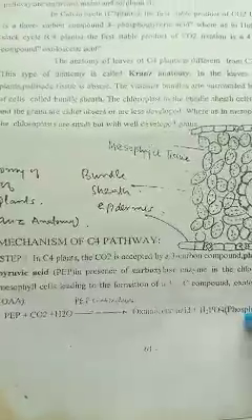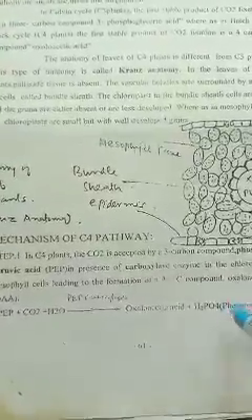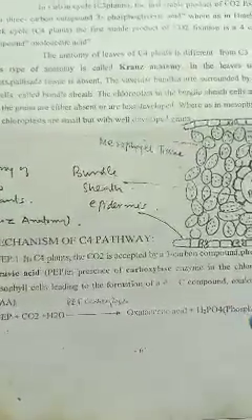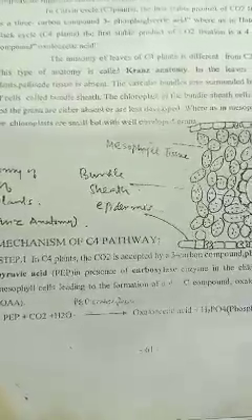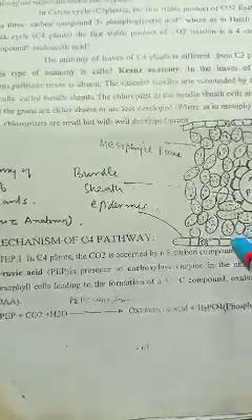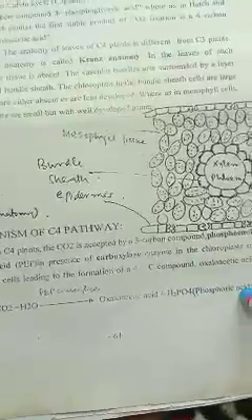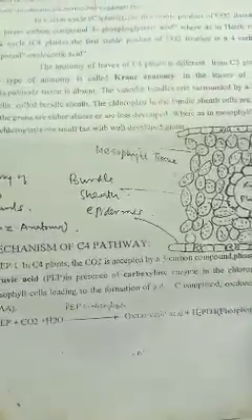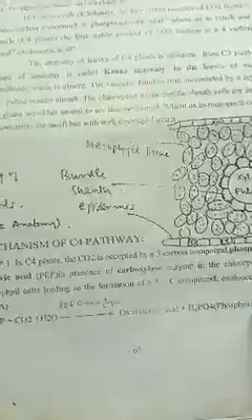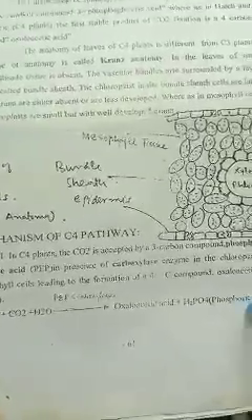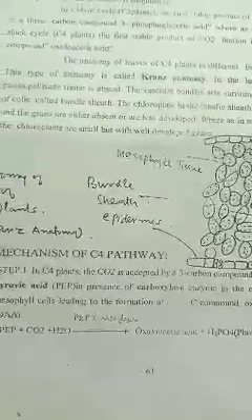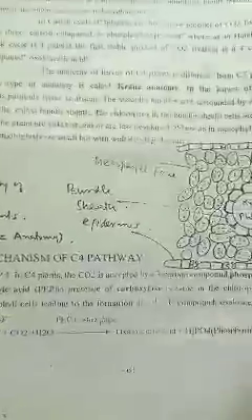This acceptance of carbon dioxide takes place in the mesophyll cells, with the reaction of carbon dioxide with the C3 compound phosphoenol pyruvate in the presence of the enzyme PEP carboxylase, or PEPCO. As a result we get a C4 compound called oxaloacetic acid.